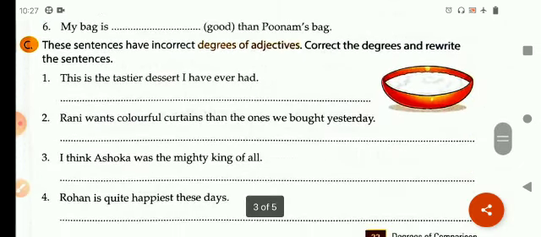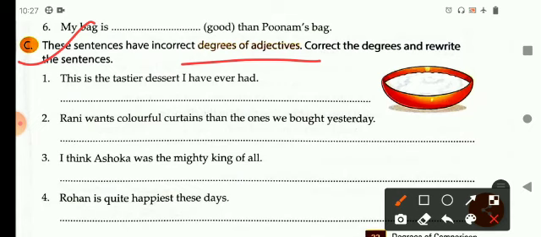Now come to the next one, that is, in these sentences you can see, in these sentences you have incorrect degrees of adjectives, and you have to correct those degrees and rewrite the sentences. Now I'll tell you the first one. This is the tastier dessert I have ever had.